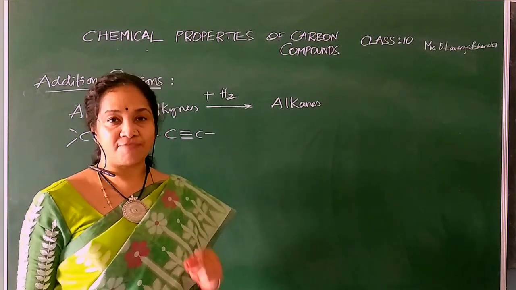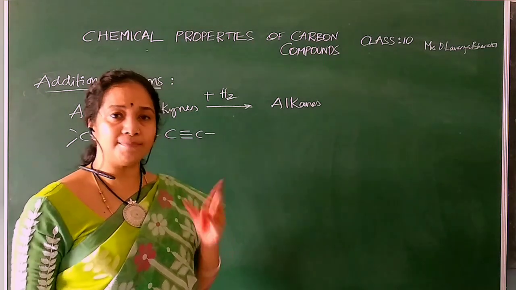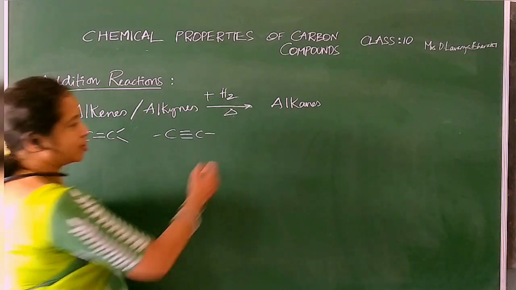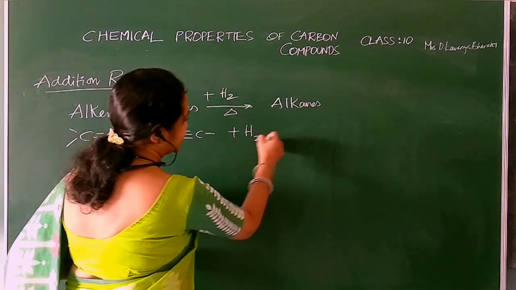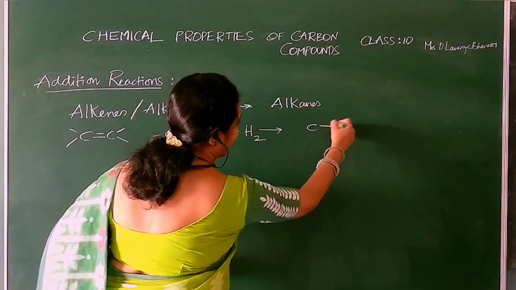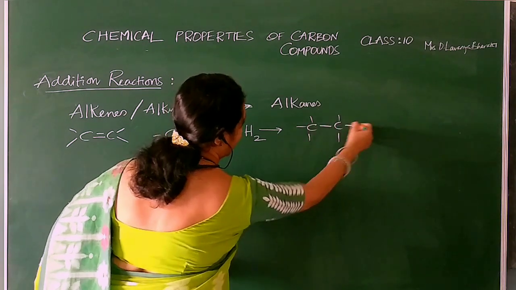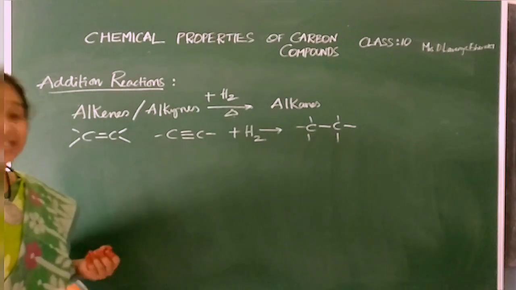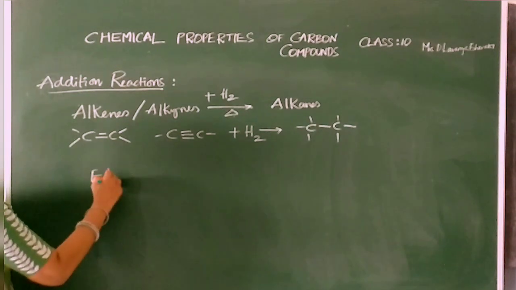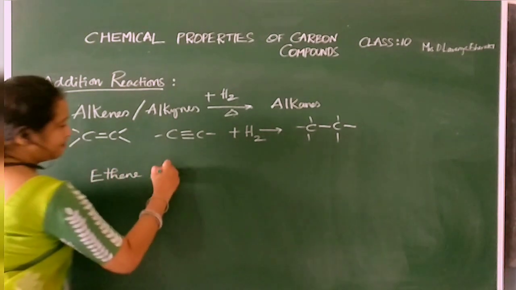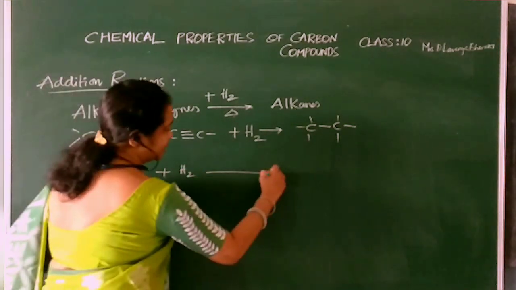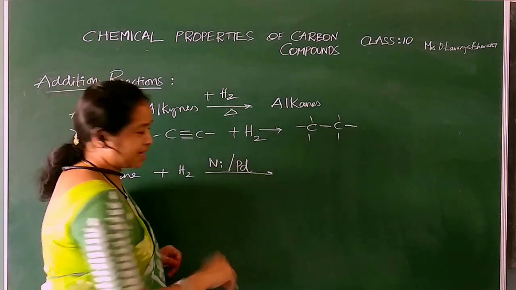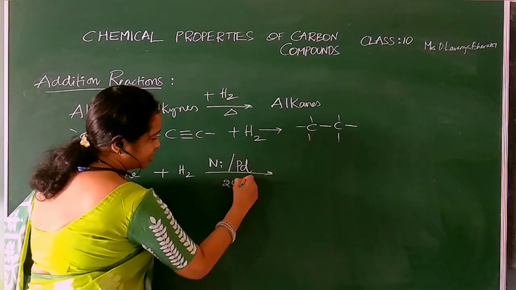The pi bonds are weaker and are broken by heating. So when we heat the mixture, the pi bonds are broken and hydrogens are added, giving alkanes. You can see how hydrogens are added. This can be explained with ethene: ethene plus hydrogen in the presence of nickel, palladium or platinum at 250 degrees centigrade.